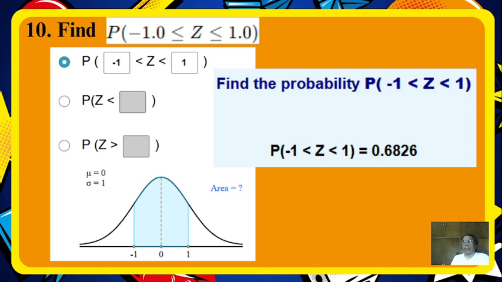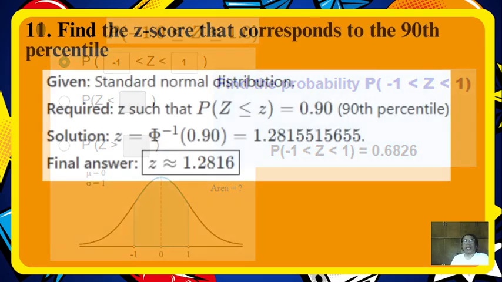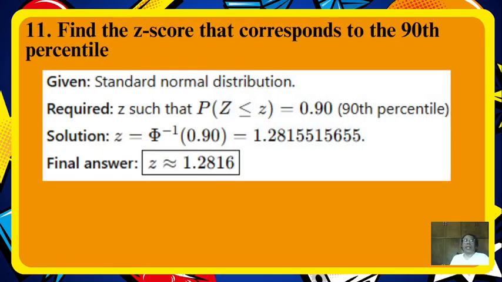Okay, so let's proceed with number 11. Find the z-score that corresponds to the 90th percentile. So we're given a standard normal distribution, required z-score such that the probability of our standard normal variable Z being less than or equal to z is 0.90, which is the 90th percentile.